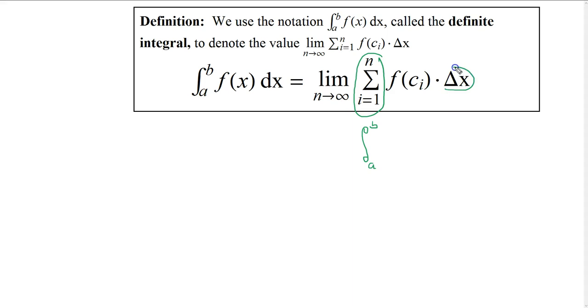The delta x we think of as turning into the dx, and the ci we think of as just turning into an x, and we get f of x in here. So anytime you see something like this, you'll think of it turning into a definite integral.